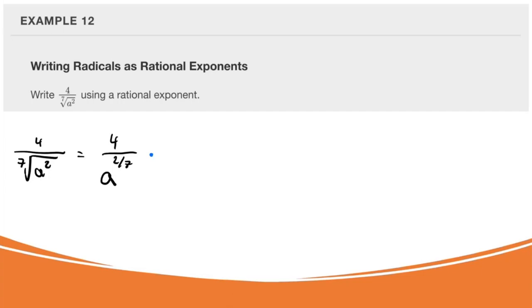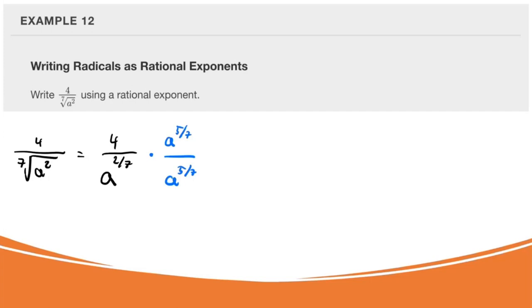So to rationalize, I'm going to multiply by 1 in the form of a to the power of 5 over 7, because when we add, it should be 5 over 7, right? And I chose this form of 1 because if I say a to the 2 over 7 times a to the 5 over 7, we add those powers and it should give us 7 over 7.